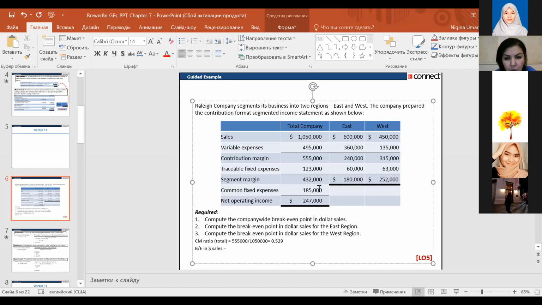Yes, it is fixed common, and we also have fixed traceable, right? So how to calculate for the company? Fixed traceable plus common fixed expenses. And now what should I do? Divide by the contribution margin ratio, 0.529.